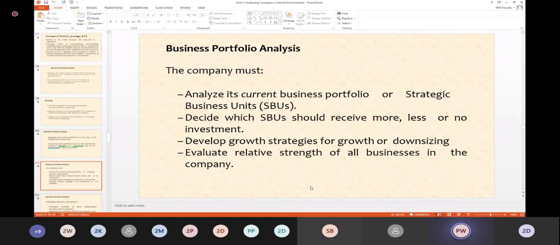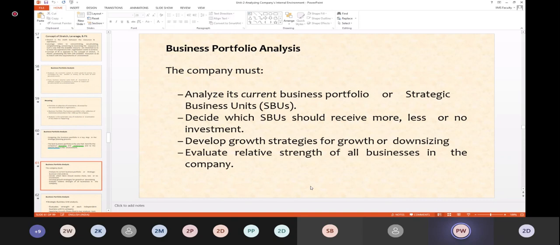We'll have to first of all understand how much investment is required, whether the strategic business unit requires investments, how much, and then for the strategic business units which are growing, we'll have to develop growth strategies for their growth, and for the few units which are not performing well, we should plan for downsizing or closing, and then evaluate the relative strength of all businesses in the company.